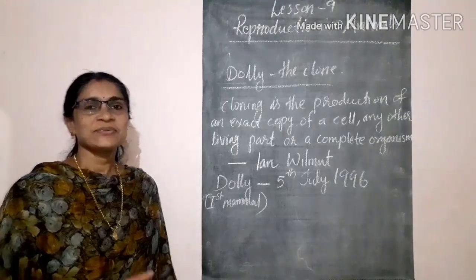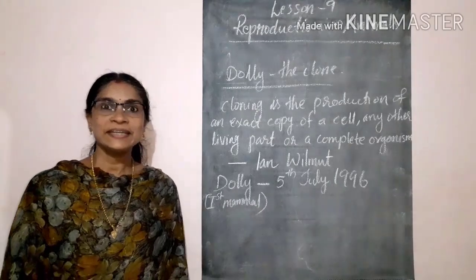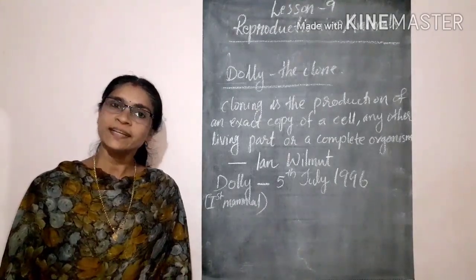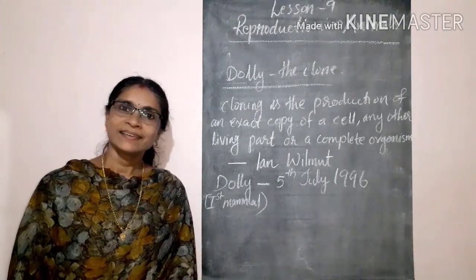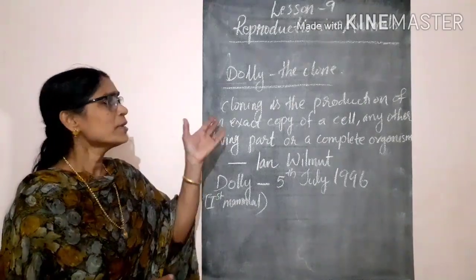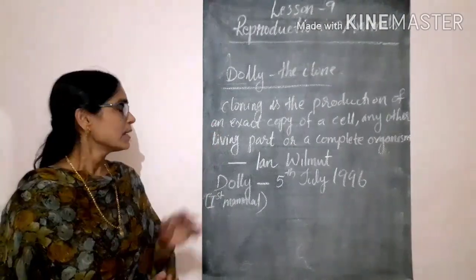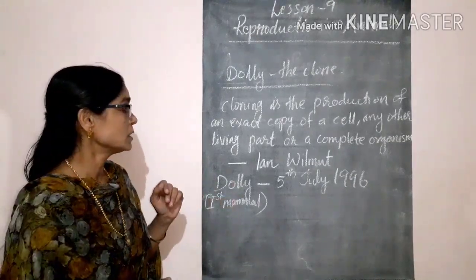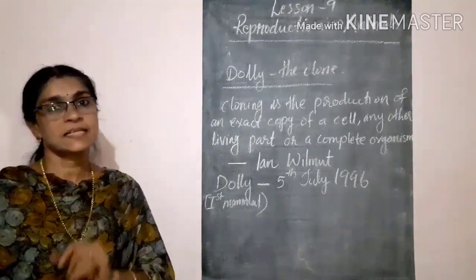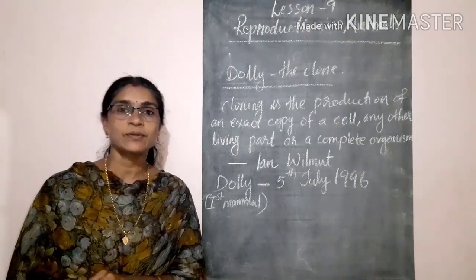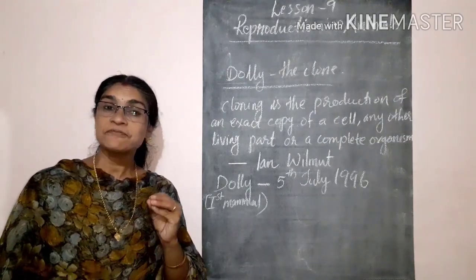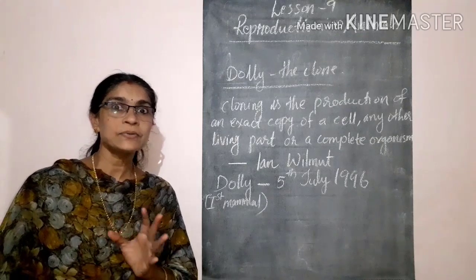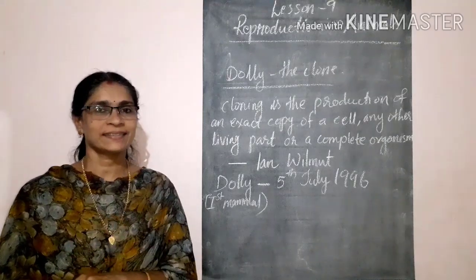Okay. Dear students, did you hear the term cloning? Yes. Cloning is the production of an exact copy of a cell, any part of the body, or a complete organism. Do you know the story of Dolly, which is the first mammal produced by cloning?